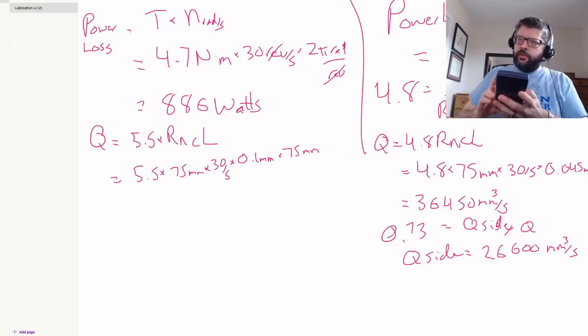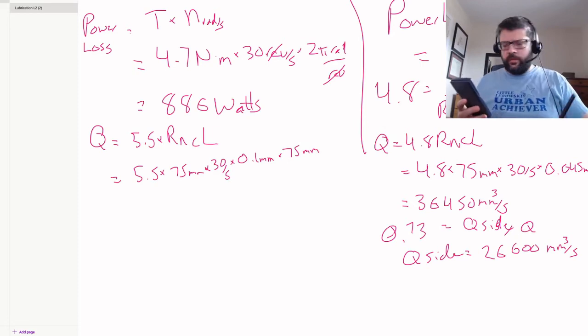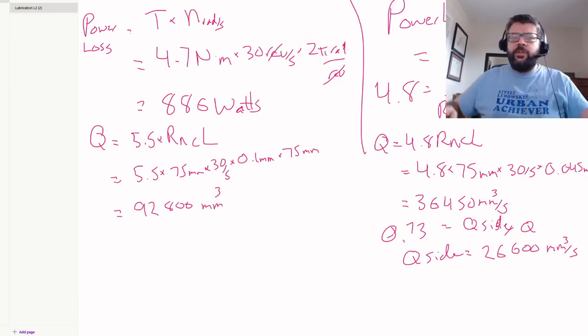So 5.5 times 75 times 30 times 0.1 times 75 is equal to 92,800 millimeters cubed per second. Not surprising, it's a fair chunk larger than the other one.